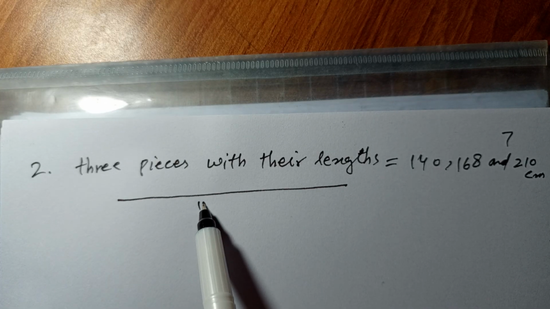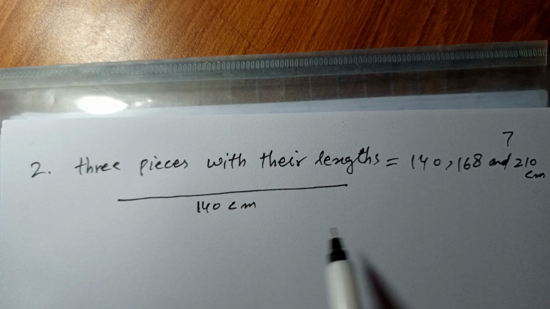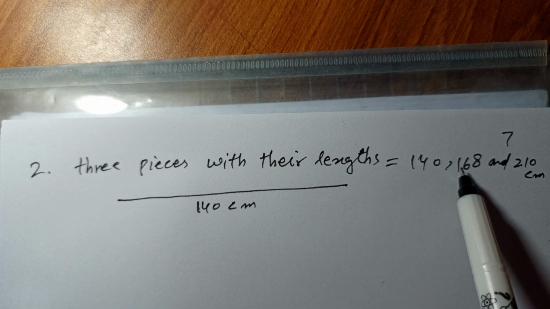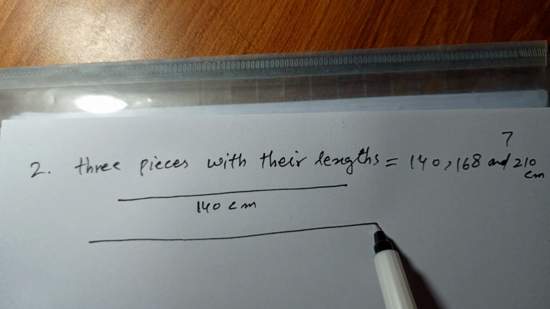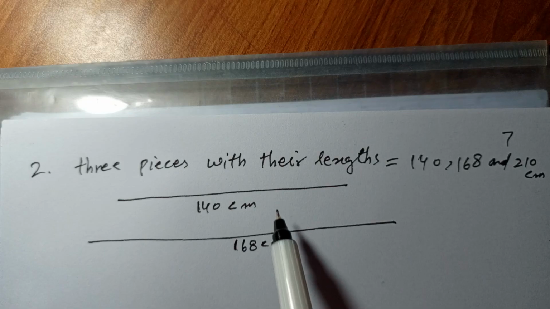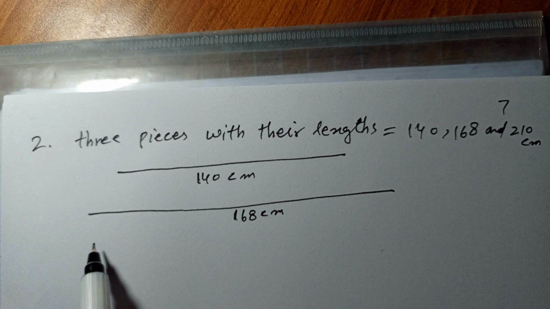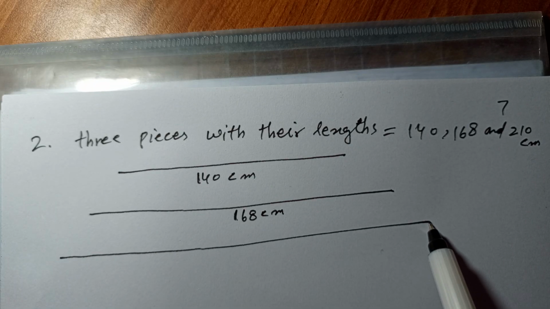Its length is 140 centimeter, and the other piece is of length 168. It should be a bit longer than this one, so I have made it a bit longer. Now there is a third piece whose length is 210 centimeter.